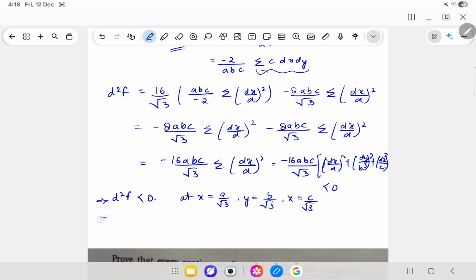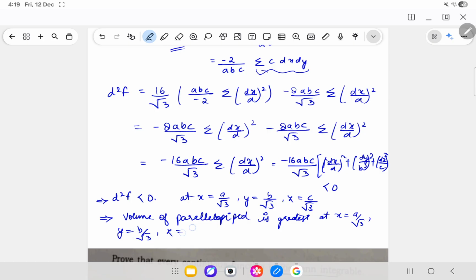So from here we got that f, basically the volume of the parallelopiped, is greatest at x equals a by square root of 3, y equals b by square root of 3, and z equals c by square root of 3, and the volume is 8xyz, which is 8abc divided by 3 square root 3. That is what we were supposed to show.